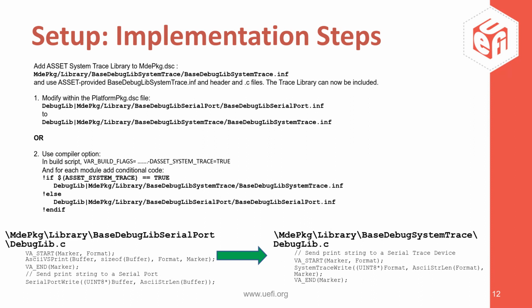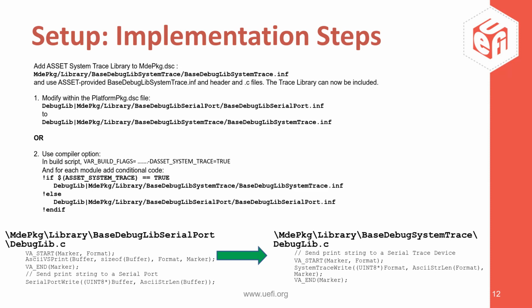That essentially replaces that and goes through the Trace Hub. Or if you want to be a little bit more selective, perhaps, and use at-speed Printf on specific modules, you can use a compiler flag, build flags, as illustrated in number 2 there, and put a little bit of conditional code in the places where you want it to be.